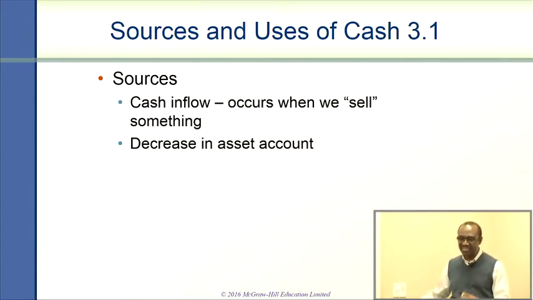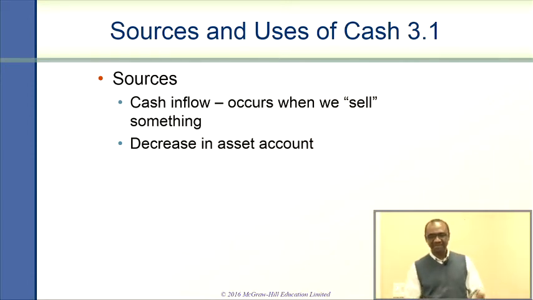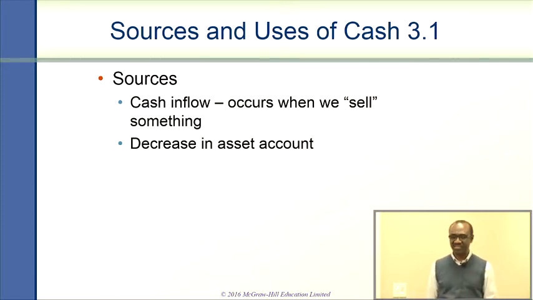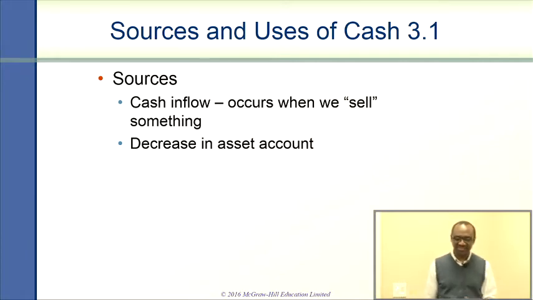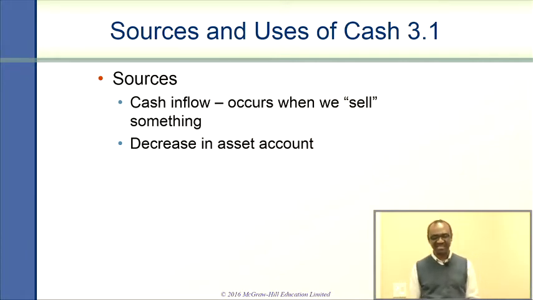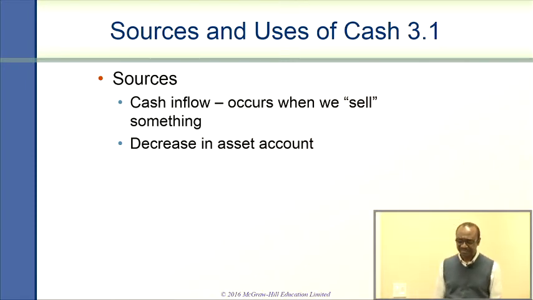So when we dispose of our assets, and the reason why I use the word dispose is because companies do not typically generate cash from disposing of their assets. That's why I use the word dispose as opposed to sell. So decreasing the asset account also generates cash.